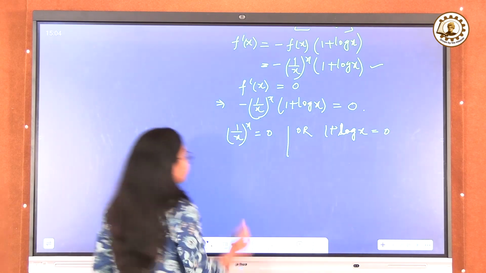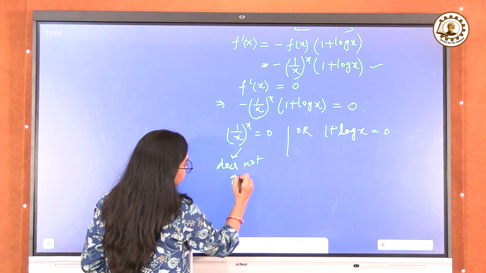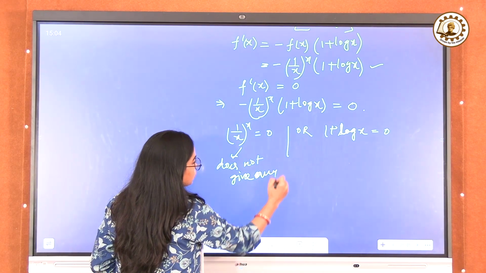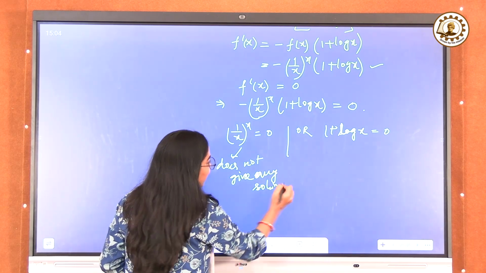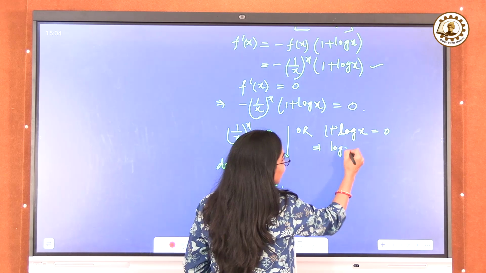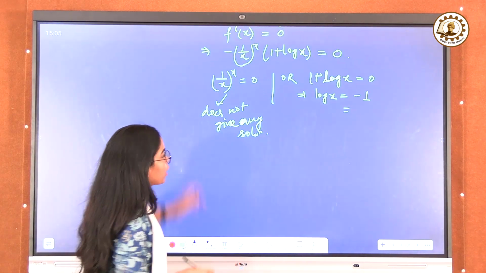Now the first type of function does not give any solution. So we have to take the other factor for finding x. Log x is minus 1, and we know log e is 1.